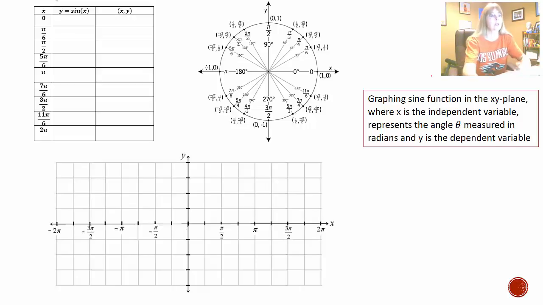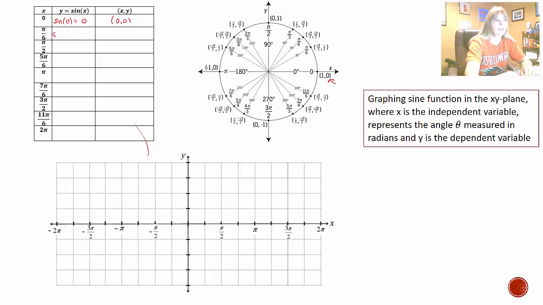So in other words, the first one here is going to be the sine of 0. Remember that we're looking at the y values, so it would be 0. So my first point would be 0, 0.